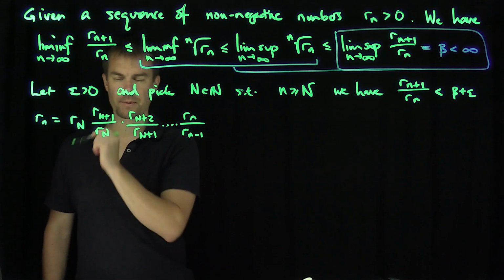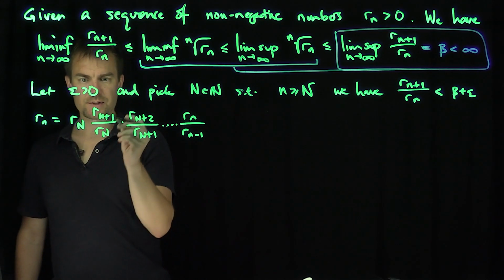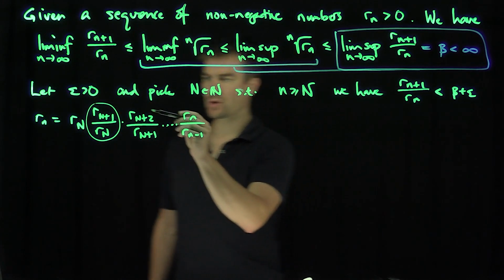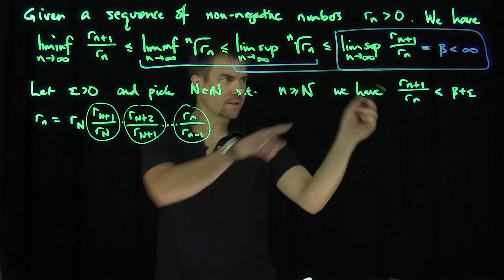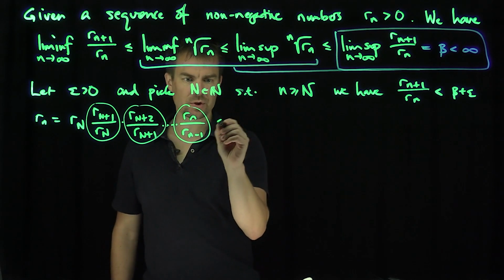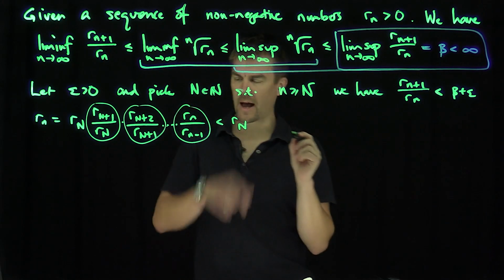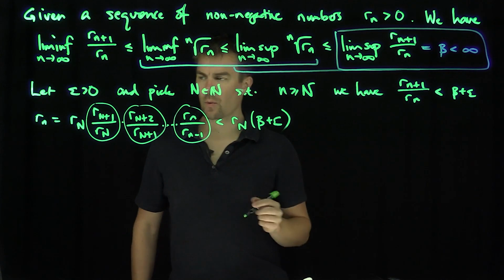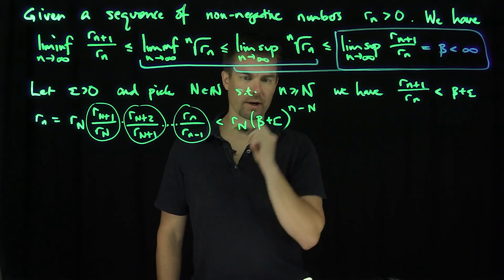Because I wrote it as a telescopic product over here. Now what can we say about each of these terms in this product past the level N? Once I know that n is bigger than or equal to N, all those terms in this product, of which I have n minus N, are less than beta plus epsilon. So this is going to be strictly less than R_N times beta plus epsilon to the power n minus N, like so.